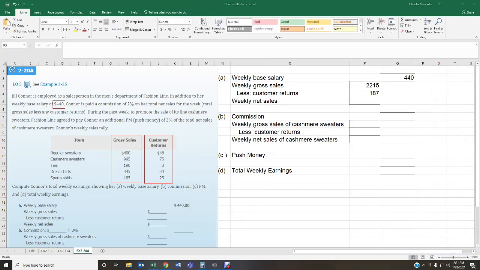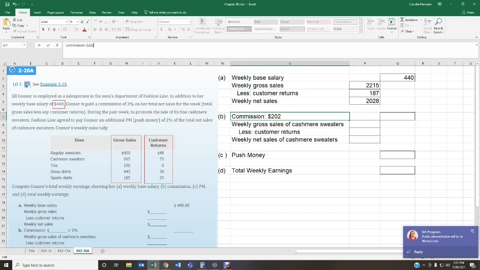Okay, so now we can calculate our weekly net sales by getting our gross sales minus our returns, and that gives me weekly net sales of $2,028. Okay. Now the problem said that we were going to get paid a commission of 2%, right, of our net sales. So my net sales are $2,028, and I'm going to multiply that by my commission of 2%.